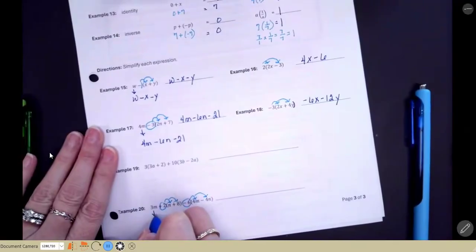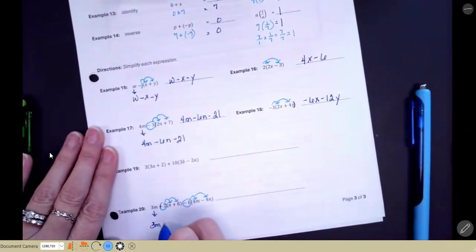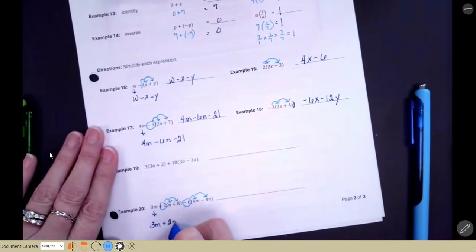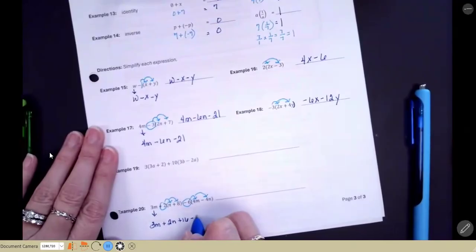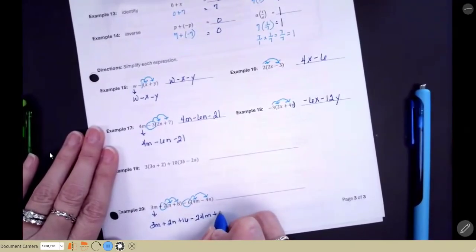Bring down your 3m and then distribute your positive 2. And then distribute your negative 6. If it's easier for you to distribute them separately, then do so.